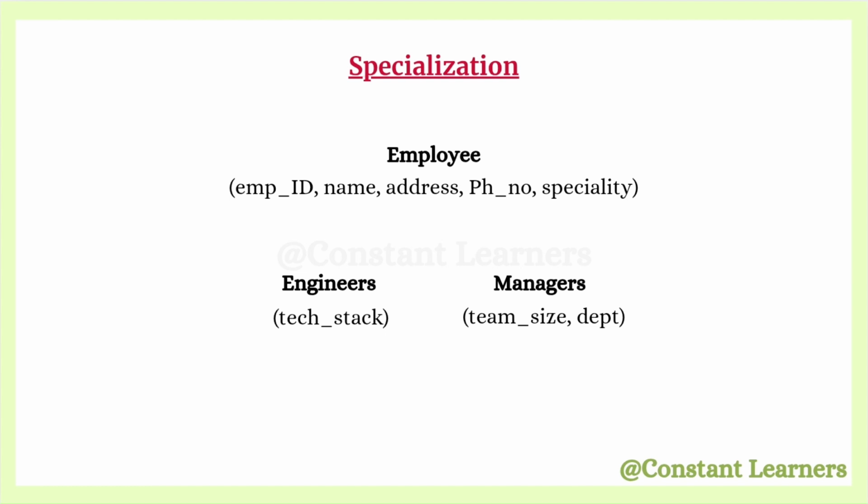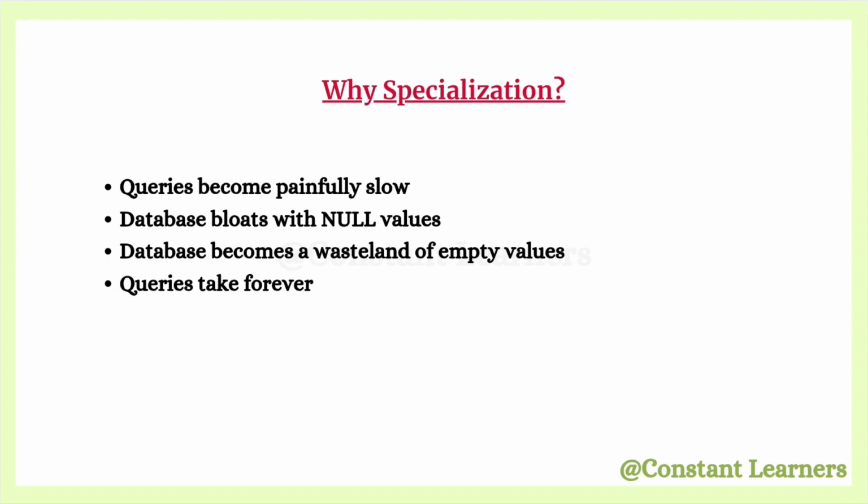For example, engineers may require the column tech stack. Managers may require the columns team size and department, and so on. Without specialization, our database becomes a wasteland of empty values, right? If we store everything in one place, our database becomes a wasteland of empty values and the queries take forever. Right?